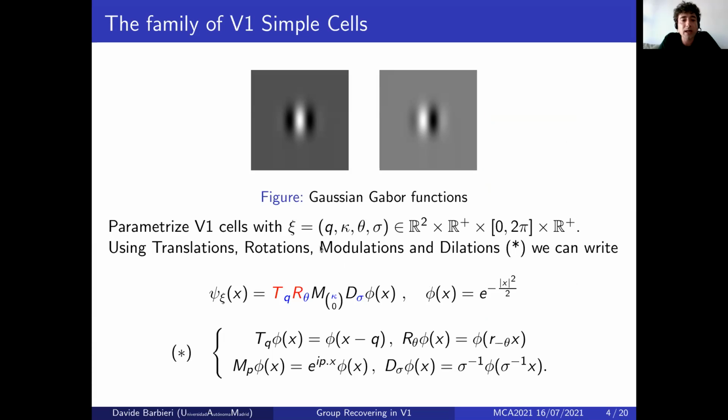Here the real and imaginary parts are shown. The imaginary part, the complex valuedness, is due to modulations. They are shown for fixed values of these parameters, and in particular for a non-zero k. It is customary in describing this family of cells to consider the modulation parameter and the scale parameter constant.